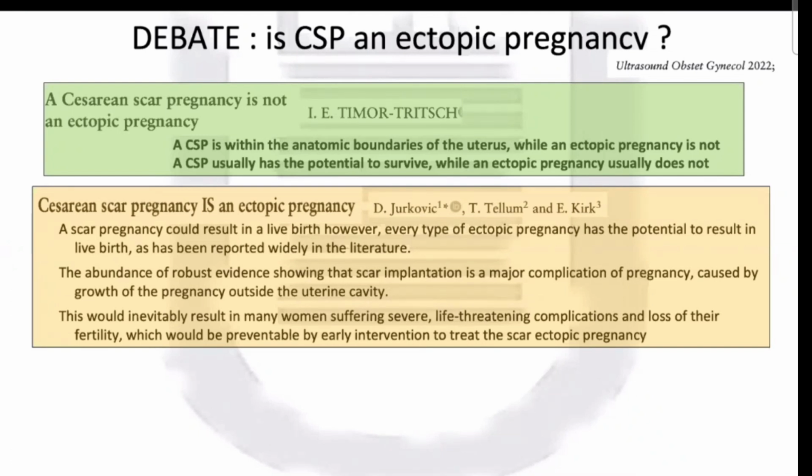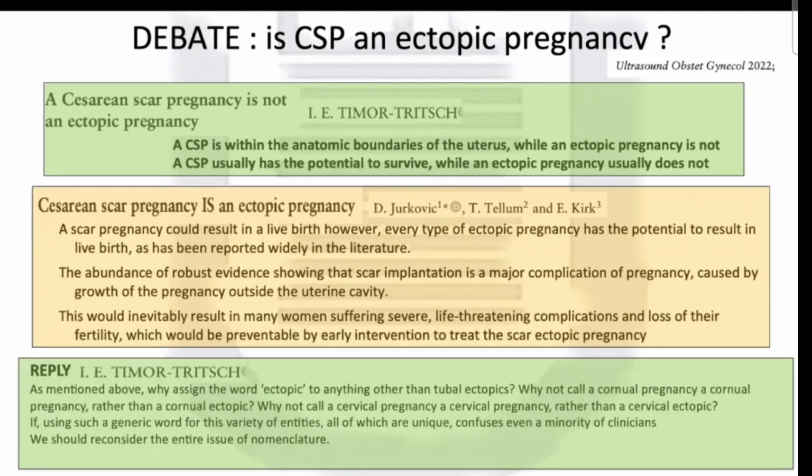So it is good to have an early intervention to treat the scar ectopic pregnancy. The response of Professors Timor-Tritsch and Goldstein, both from the States, is that probably the word ectopic is not the right word for cervical pregnancies and scar pregnancies, because these are not really ectopic pregnancies like tubal ectopic.